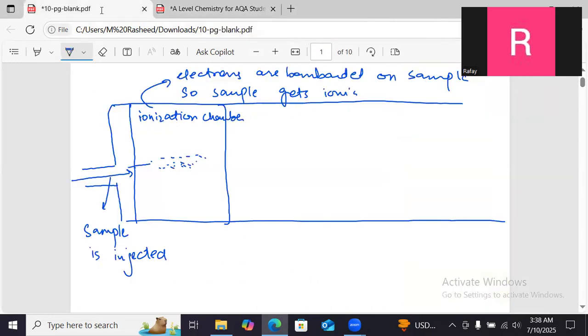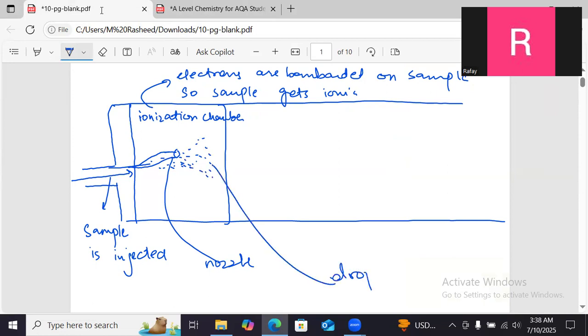So basically, electrospray ionization is like sample is injected in the form of a tube, or you can say this is a nozzle. And sample is sprayed like this. It is in the form of droplets. Then a high voltage current is applied.